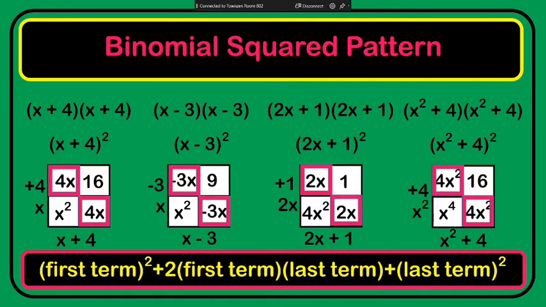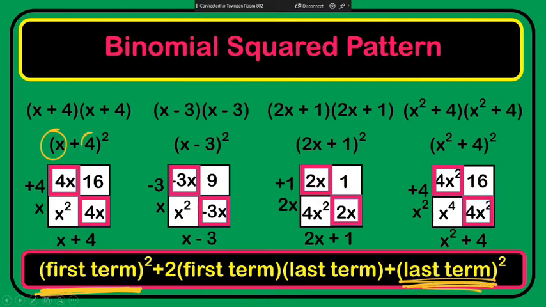So the way they talk about it in math books is a little confusing sometimes, but basically if we look at the first term, which on our first example would be the x, the beginning of your answer is the first term squared. The final part of our answer is the last term squared.